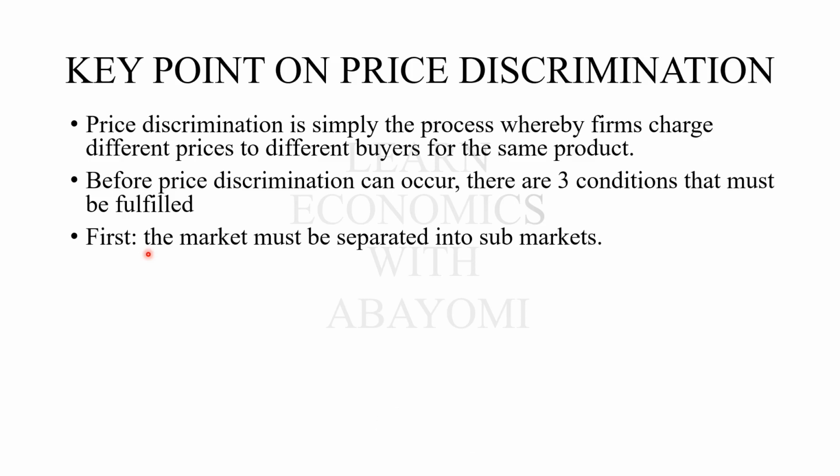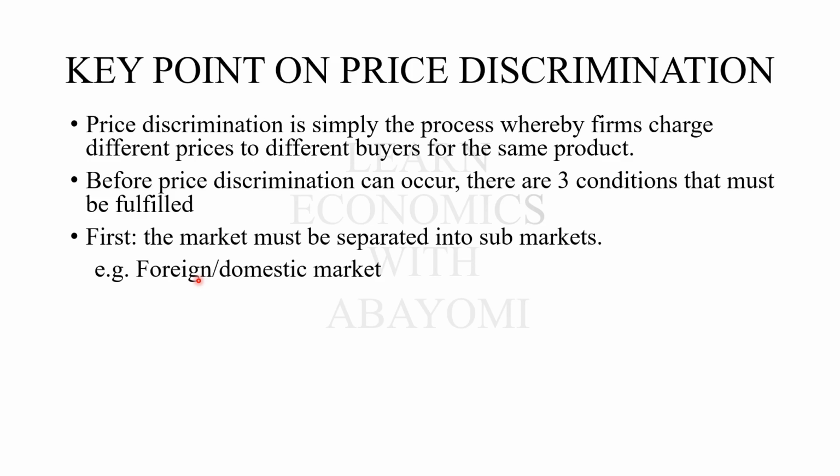because there will be a form of arbitrage. Arbitrage is reselling a particular product to another. So it can only occur when there are two separate sub-markets. For example, we have foreign and domestic markets. So those are the two sub-markets. We have England and we have Nigeria, for example.